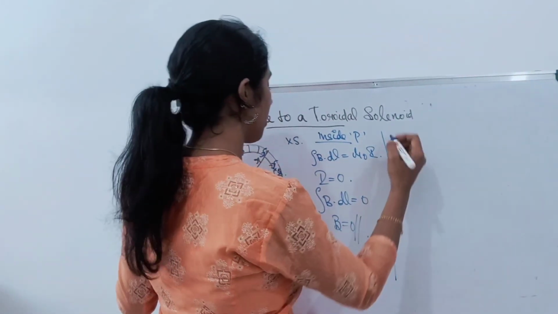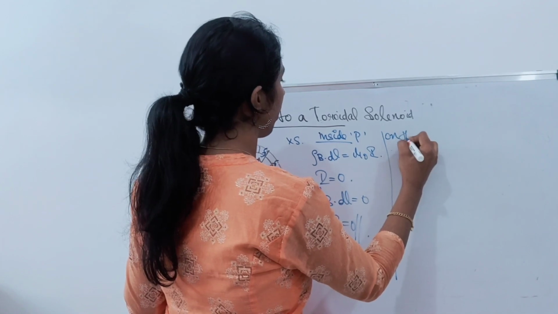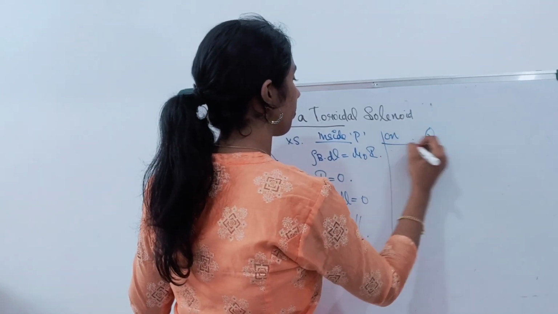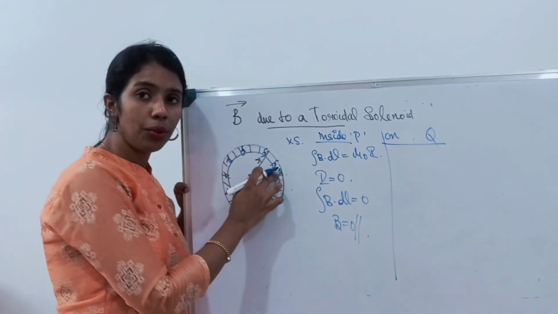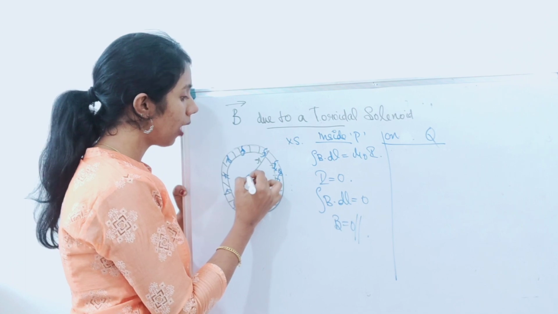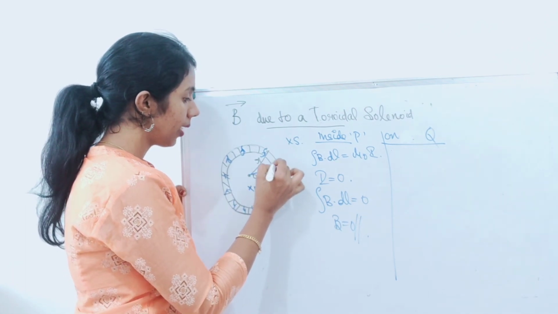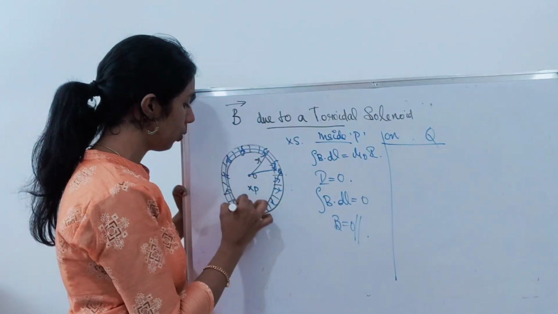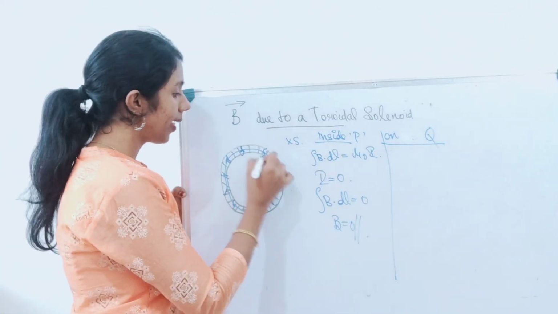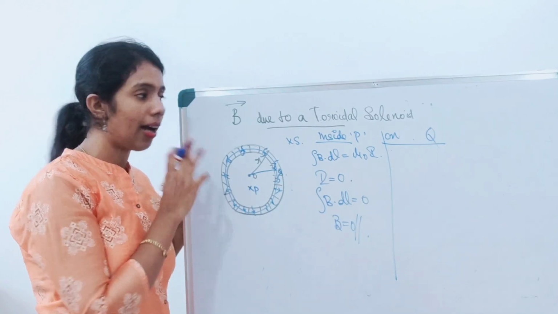Now we will consider Q, a point on the toroid. In order to apply Ampere's circuital law, here we are considering an Amperian loop which is circular in shape. Let the radius of that Amperian loop be r.